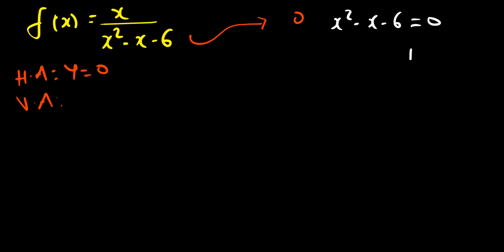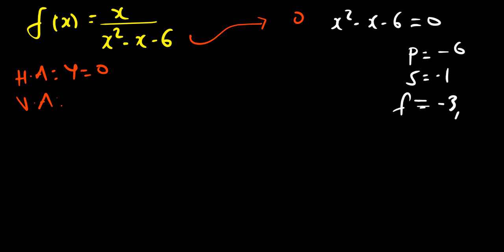The product in this case is the coefficient of x squared times negative 6, that is negative 6. Then the sum is the coefficient of x, which is negative 1. Which two numbers can we add that give us a negative 1, but when we multiply them, they give us a negative 6?